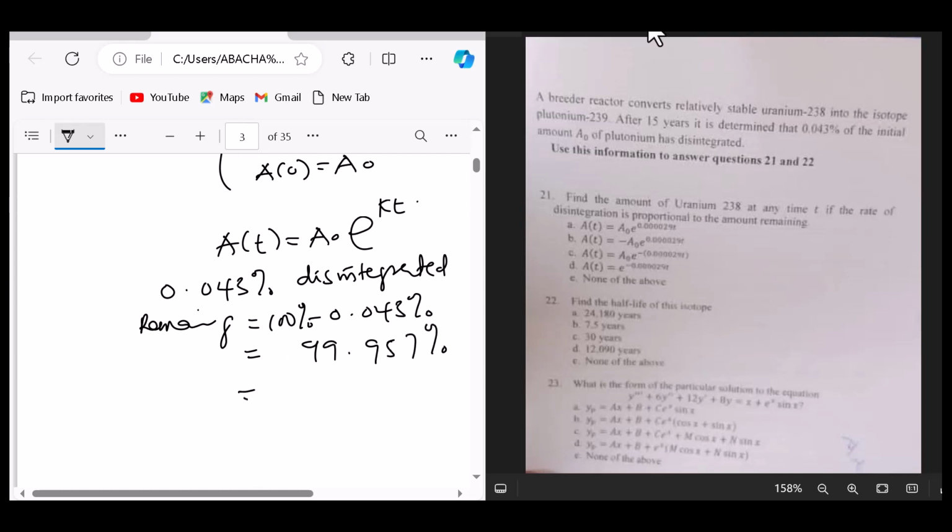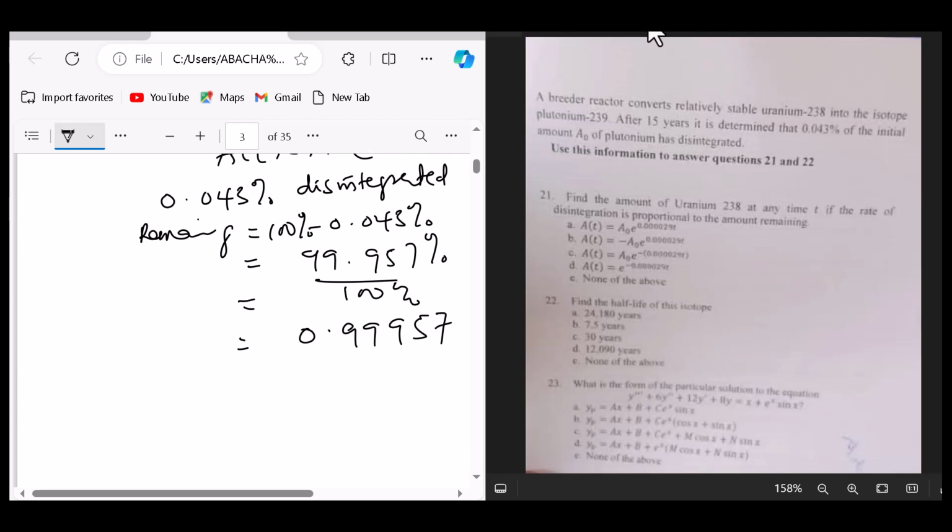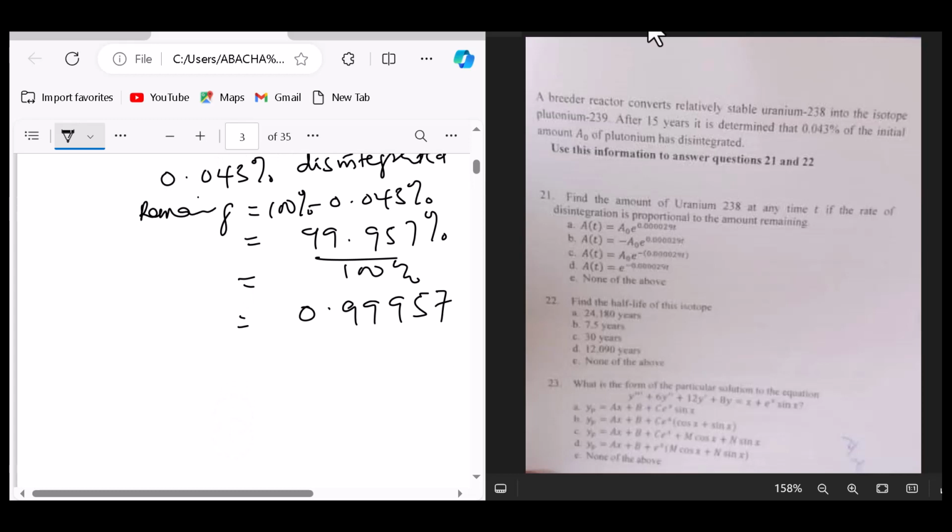In decimal terms, you divide by 100, and that gives 0.99957. What it means is that at A of 15, this will become 0.99957 of the A naught. That is the meaning.